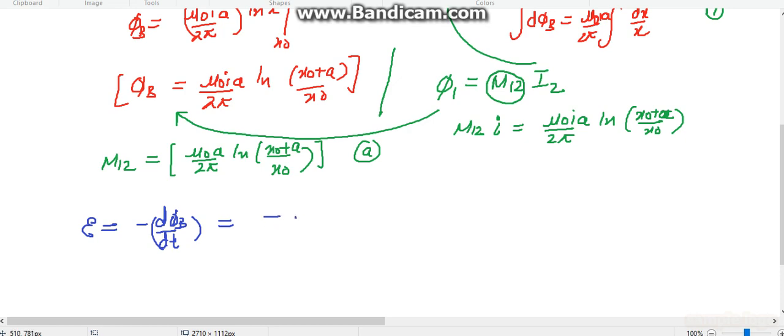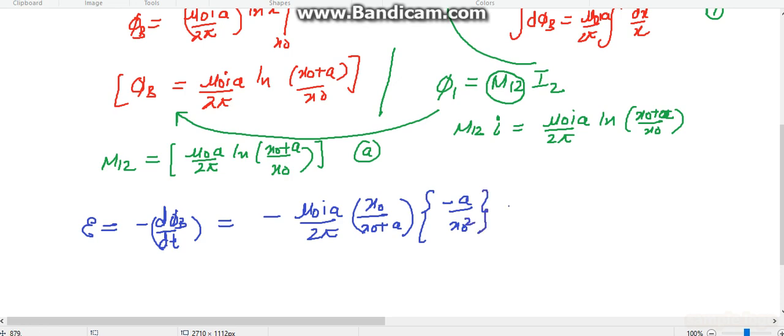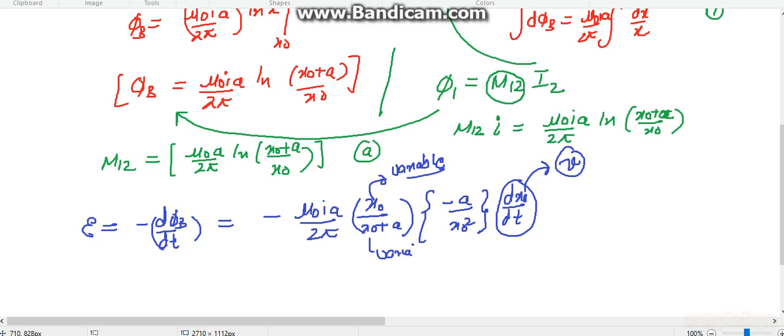So we get minus mu 0 I a upon 2 pi, and this becomes x0 upon x0 plus a, and minus a upon x0 square into dx0 upon dt. This is nothing but the velocity. Here x0 we have taken as variable. It is not constant here.